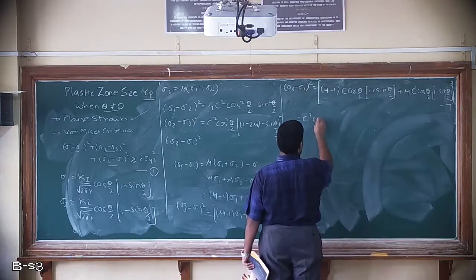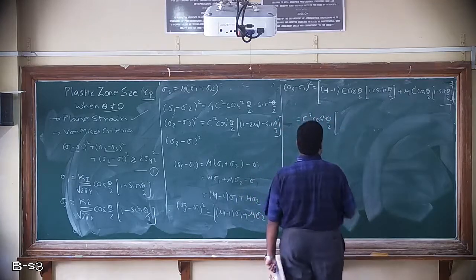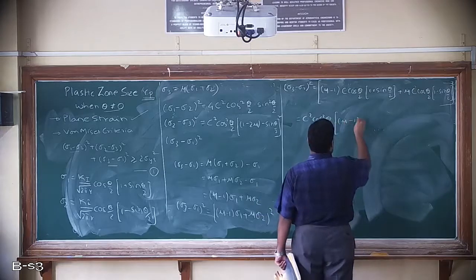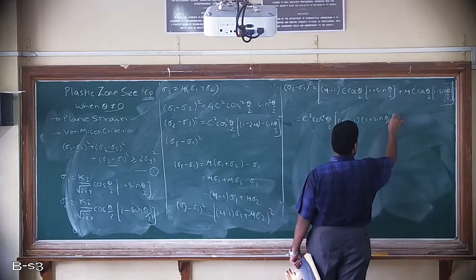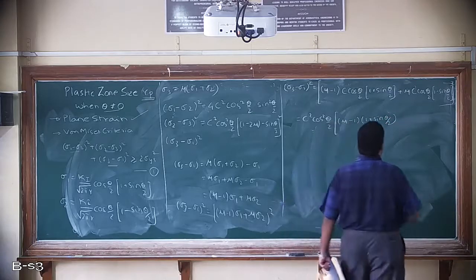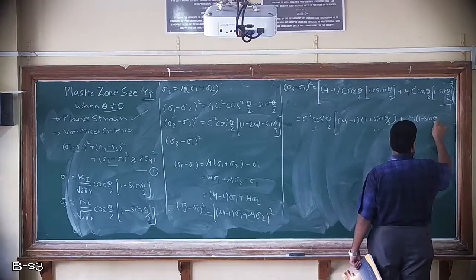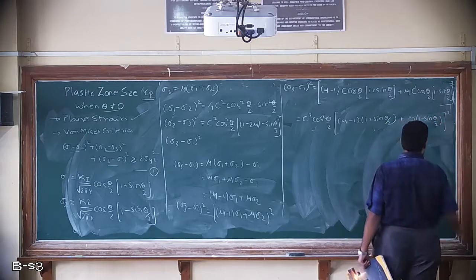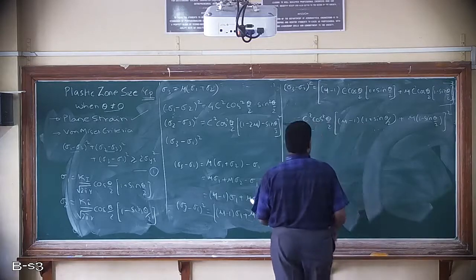it as c square cos square theta by 2, and what remains in the bracket will be mu minus 1 into 1 plus sine theta by 2 plus mu into 1 minus sine theta by 2, and this will be the whole square. So we shall simplify this.